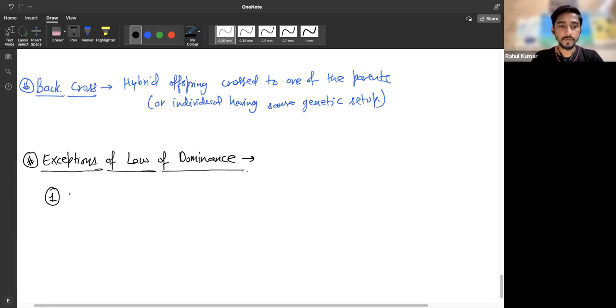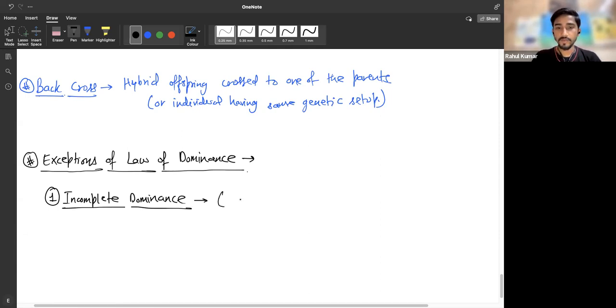So there was something called incomplete dominance. In some organisms, if there is a heterozygous condition between two alleles, one allele is not able to completely dominate itself, and because of that, there is a blending between the two alleles. That was called incomplete dominance.